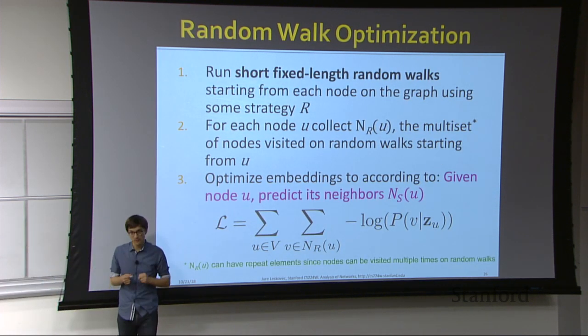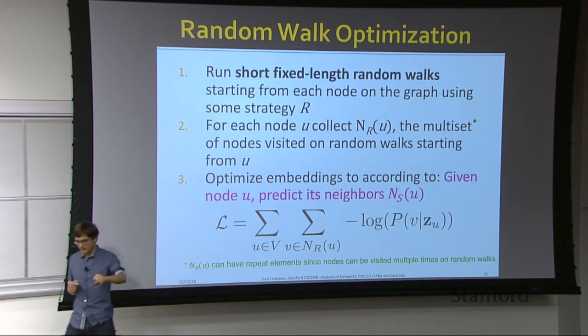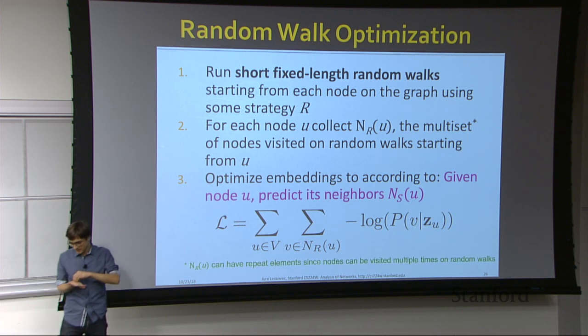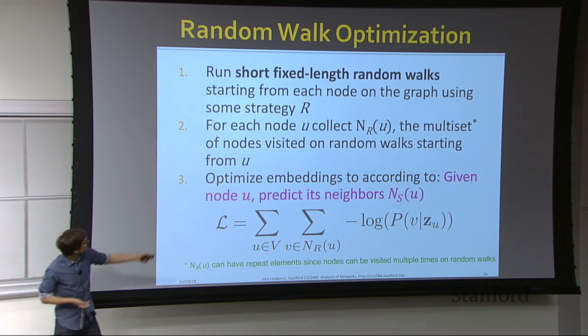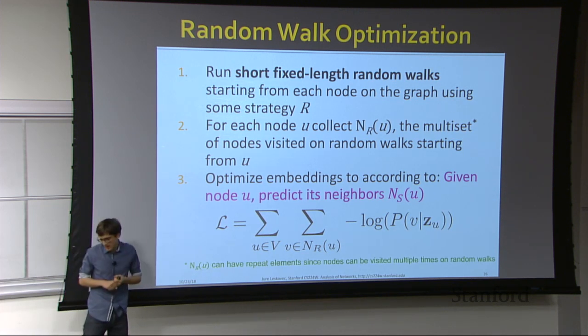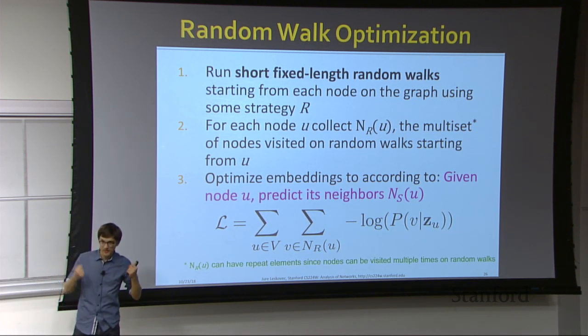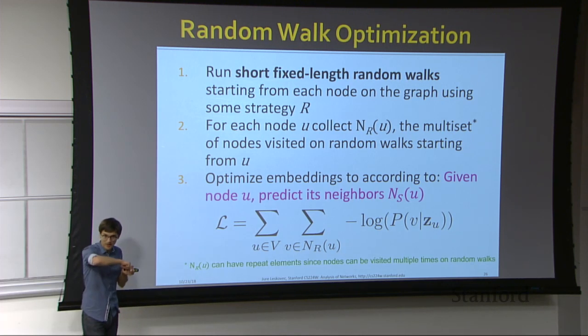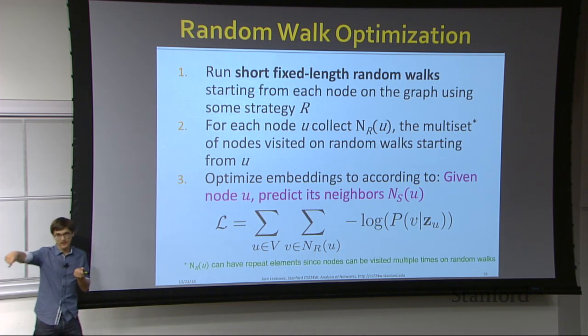The idea is that we want to run fixed length short random walks, and then just record the nodes that the random walk visits. Imagine I pick my hyperparameter value to be 7. So I will start at node U and simulate a random walk of length 7 and ask what are the node IDs I visited.